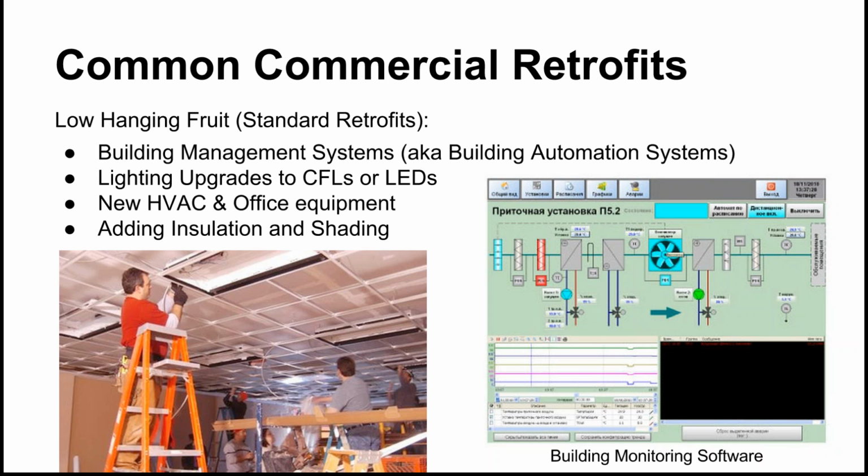And things to the building envelope, like adding insulation, and even something simple such as window shading, adding pull-down window shades. Even better, adding automatic window shades that can adjust when the sun is coming in the building and you need to keep it cool, or raise up when the sun is out and it's winter and you want to let more light into the building. Those are some of the basic, more commonly done commercial retrofits.